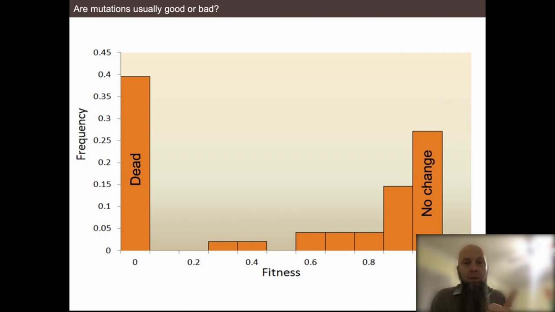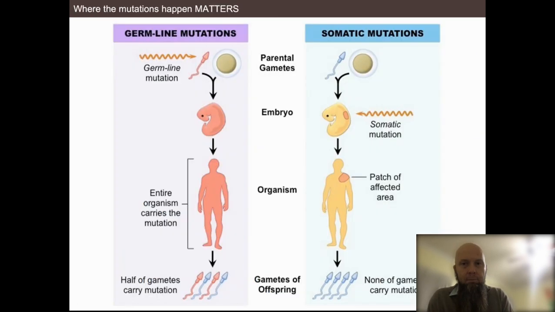Well, this is possible because populations are so large, because there are so many mutations within the population that many individuals die, many individuals have lower fitness, but it's those few that have slightly higher fitness and they have slightly more offspring, and their offspring have slightly higher fitness and slightly more offspring, that leads to this gradual change in the population over time. Where mutations happen does matter, and so we are primarily interested, really only interested in germline mutations.